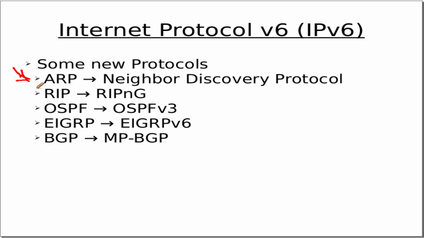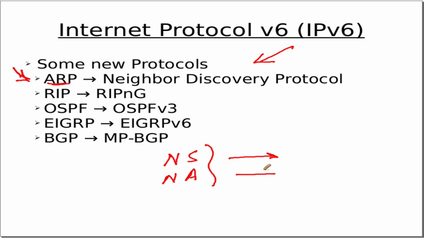But in IPv6, there is no ARP. In IPv6, there is the neighbor discovery protocol. Hosts use messages like neighbor solicitation and neighbor advertisement, which we'll see in upcoming videos, to discover which hosts are available on that subnet and then communicate with them.